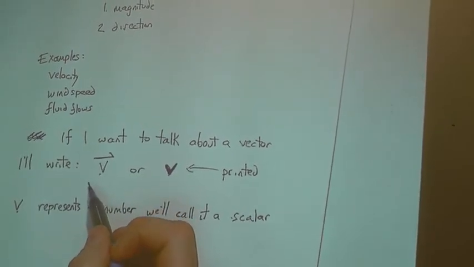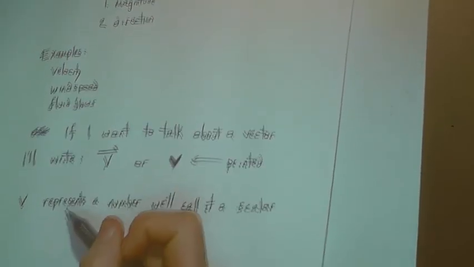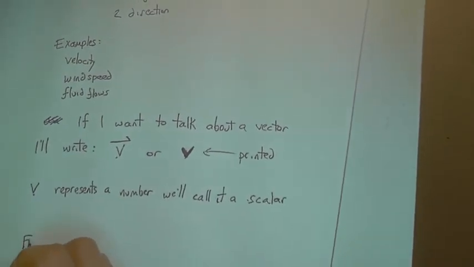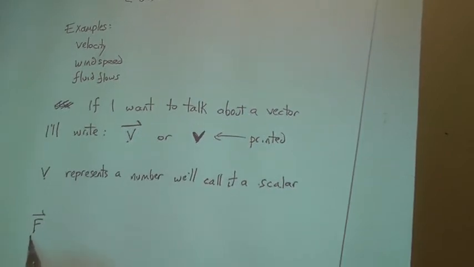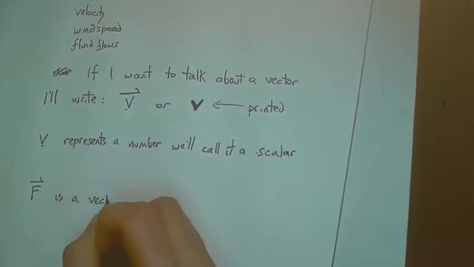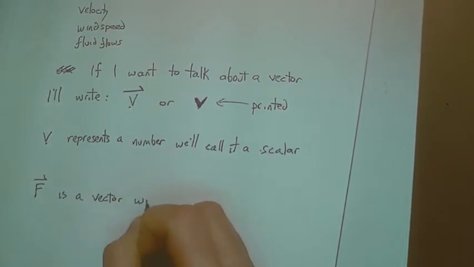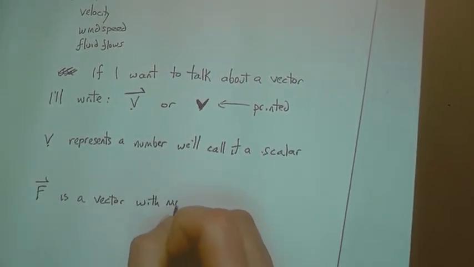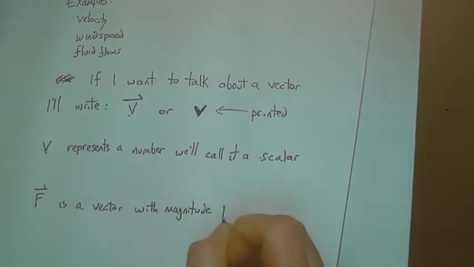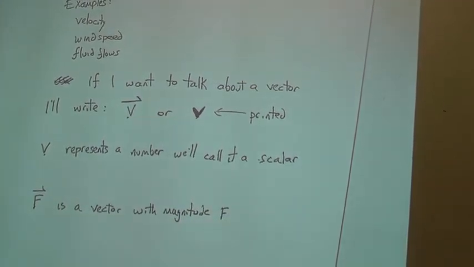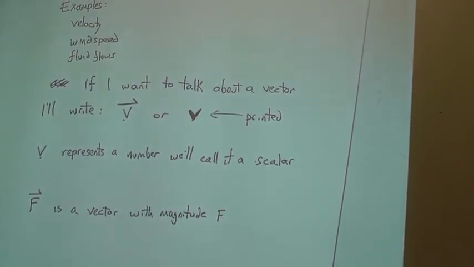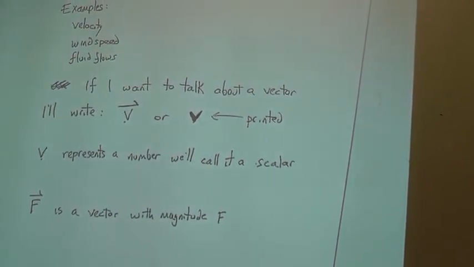To further confuse issues, force is a vector, and frequently they will say this is a vector with magnitude, and they'll use the same letter without the arrow over it to indicate the magnitude.